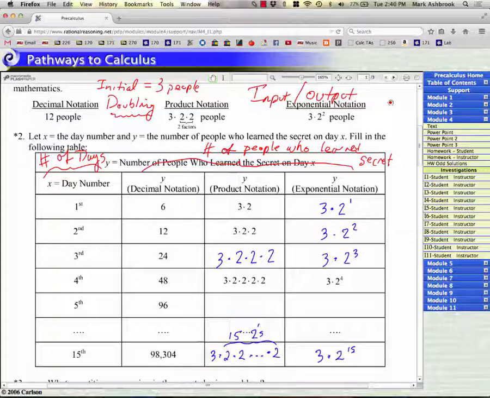Or I'm doubling the output to get the input. Or maybe I'm doubling the input to get input. And the other choice left is I'm doubling output to get output. So I want you to talk about that. In terms of input and output of this function, it's doubling of what to get what. This is the whole ball of wax for exponential functions. Talk amongst yourselves.